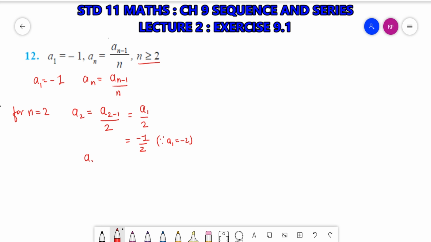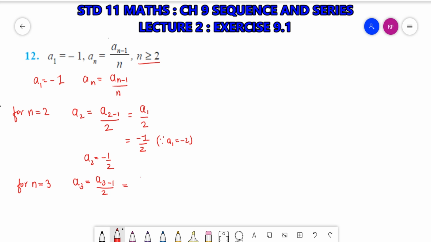So a2 is equal to minus 1 upon 2. Okay, so the second term is minus 1 by 2. Now let's find the third term. For n equal to 3, a3 is equal to a(3 minus 1) upon 3.